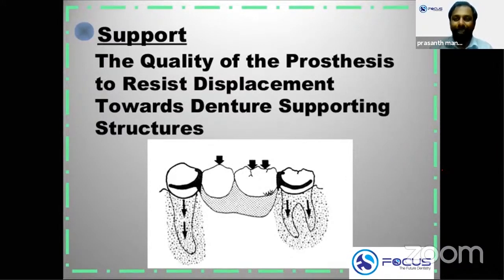That property or quality is known as support. So the rest will support the prosthesis and prevent impingement of the prosthesis on the supporting tissues, or it prevents the harmful effects of occlusal loads on the underlying mucosa.